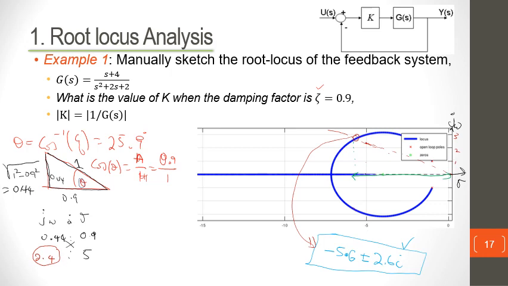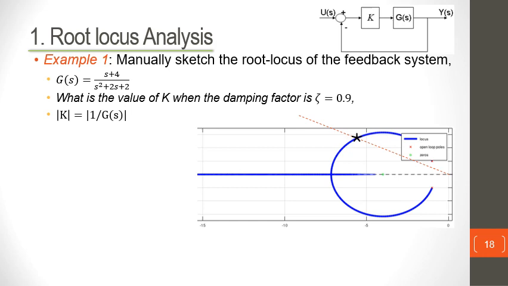If it doesn't, we can draw a right angled triangle and estimate the real axis length versus the imaginary axis length. We can expand that triangle using the same ratio, instead of 0.9 using 5 versus 2.4, values that are easy to plot, and extend that line until it touches the root locus. Then we get the location of the pole there, in this case 5.6 plus or minus 2.6.